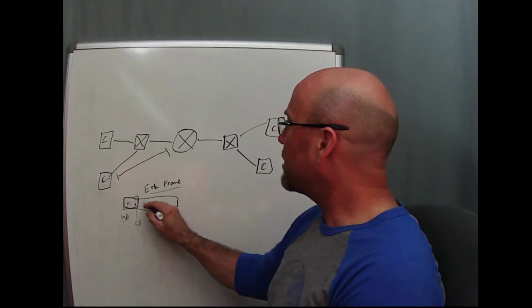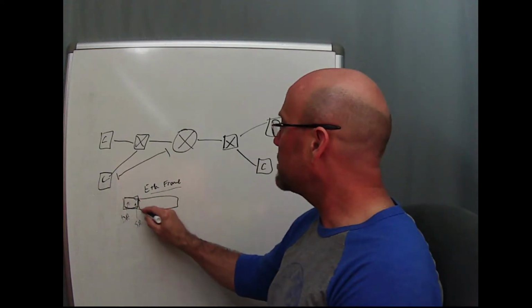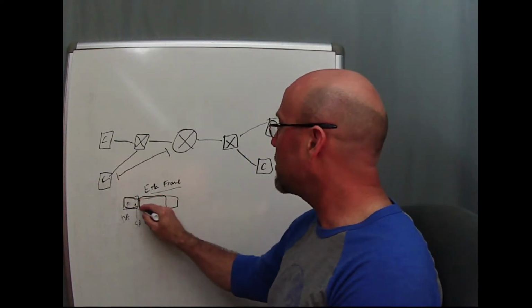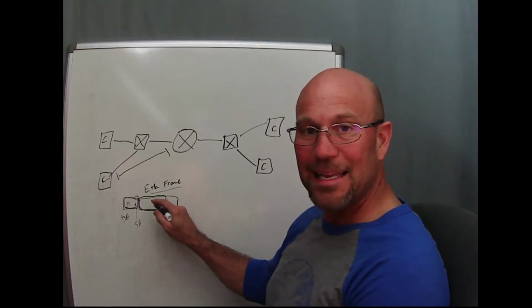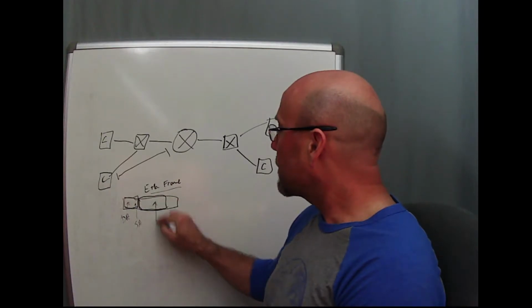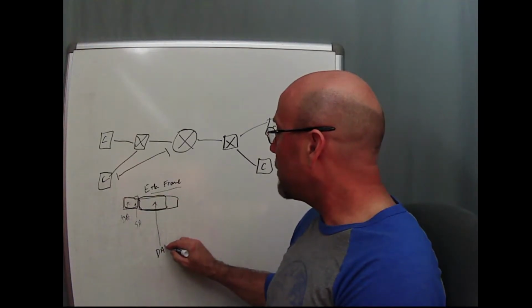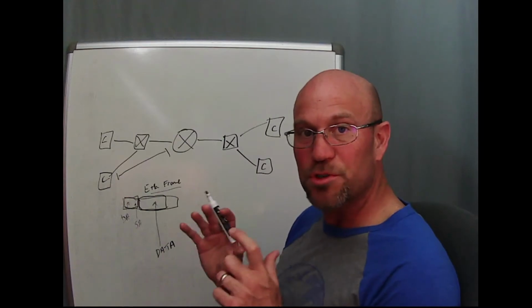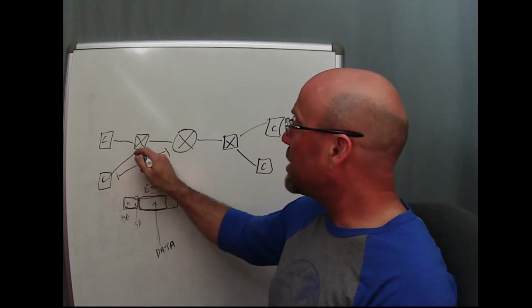Definitely inside this data field, there's a data field inside the Ethernet frame. The IP packet is hidden inside of there. So that's known as data from the Ethernet frame's perspective, and even from the Ethernet switch.